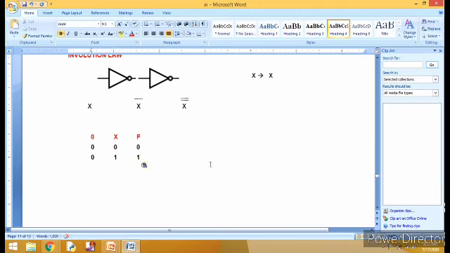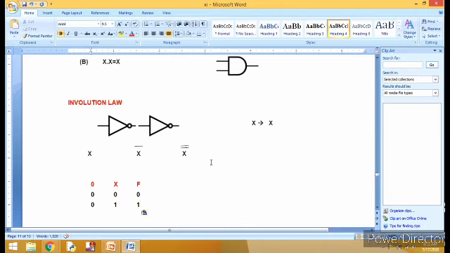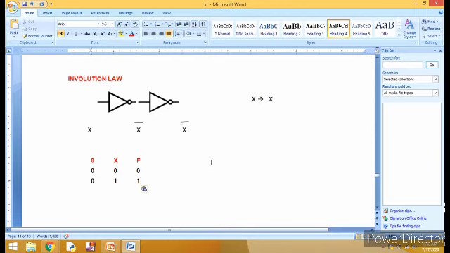So the involution law states that if a signal x is passed to the NOT gate, we get the inverse of the signal, and if the same signal is passed through the NOT gate again, once again we get the original signal. So that is what this law is, your involution law. Is it clear to you all or not?